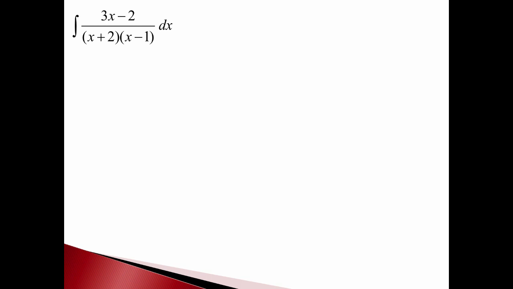Right? So what we're going to do is take this fraction that looks like it's been put together with a common denominator, and bust it up into two fractions, where we've lost our common denominator. In other words, I'm going to break this up into a number over x plus 2 plus a number over x minus 1.